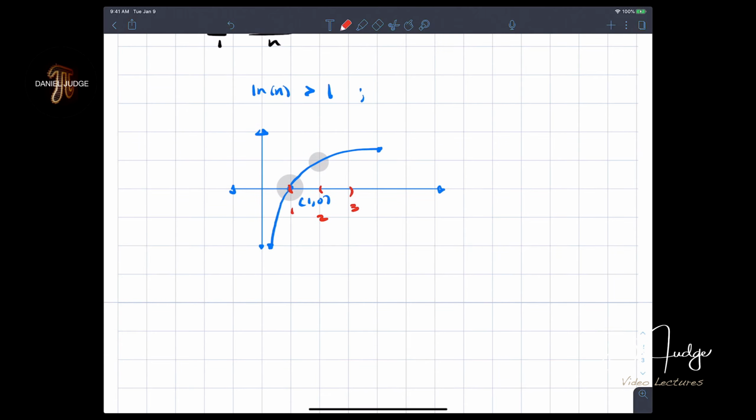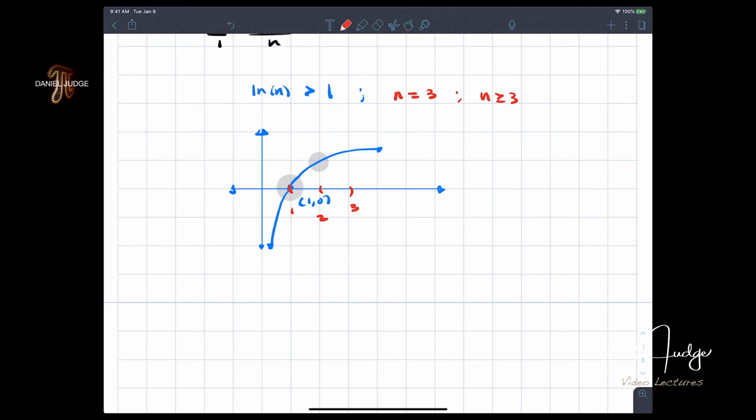So here's what's really happening. This isn't true for all n. This is true starting at n equals 3. So we're going to have to know what the natural log of 3 is and see when that starts to be bigger than 1, because natural log 1 is actually 0, and natural log 2, we'll see what that becomes, but we need natural log of 3 here.